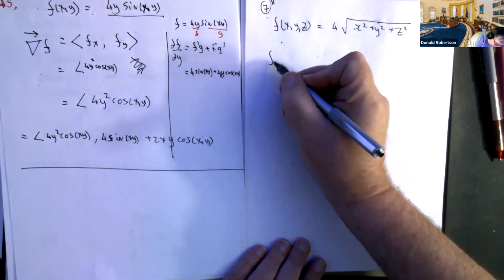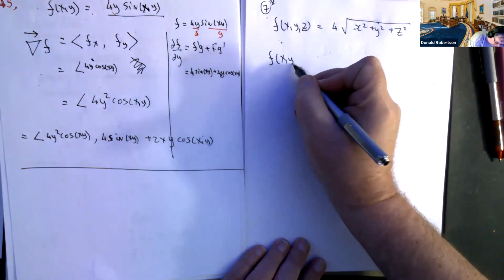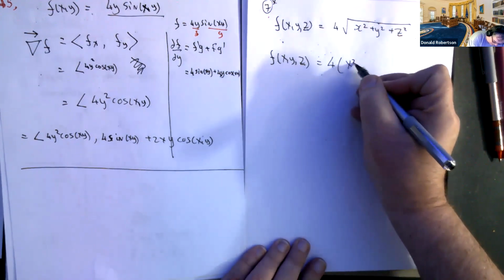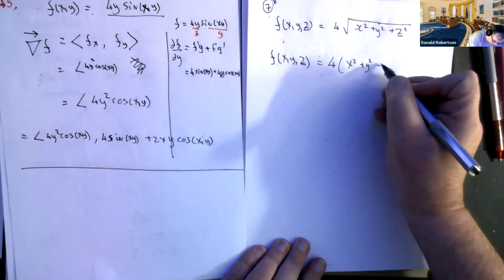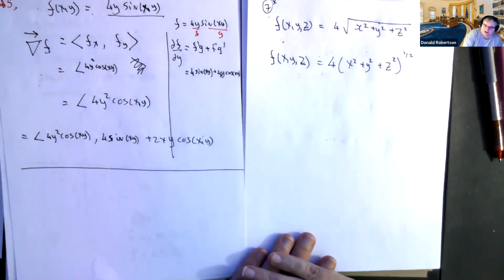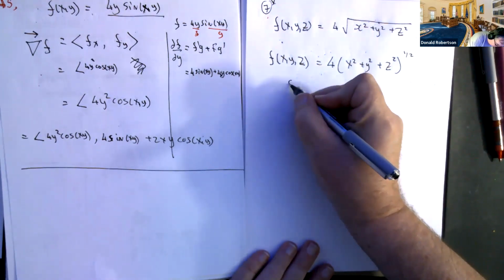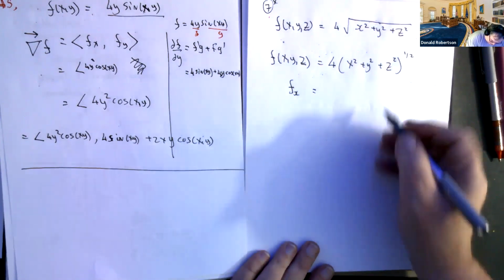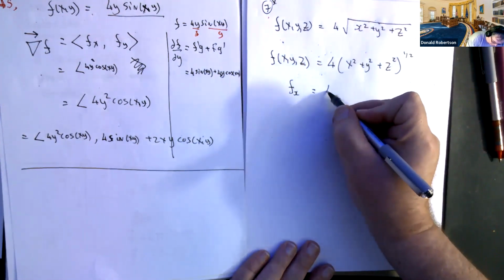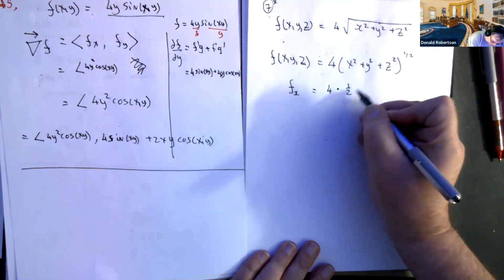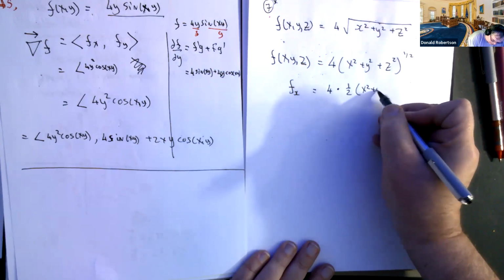Well, first thing I'm going to do is write it in a format that's going to make differentiation easier. So I write it as a half power. Now, if I want to do the partial derivative with respect to x, it's essentially a chain rule here. So you've got 4, and then you multiply by the power and reduce it by 1.